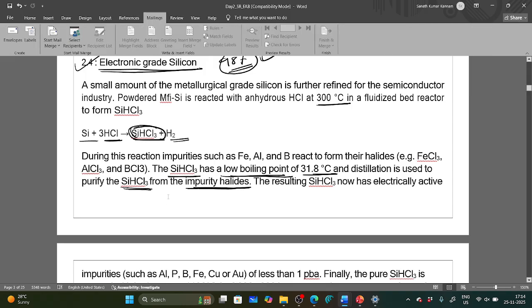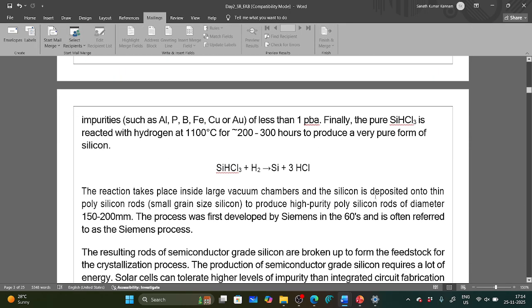So how to do the distillation process? We need to react the silicon hydrogen chloride with hydrogen at 1100 degrees Celsius for 200 to 300 hours, which is around 13 days, to form pure silicon.